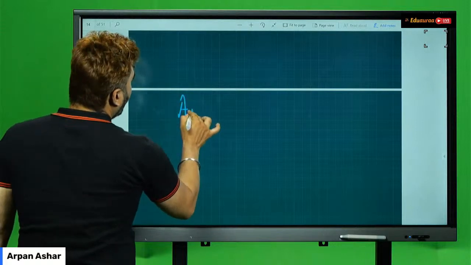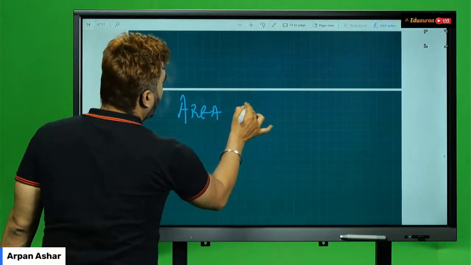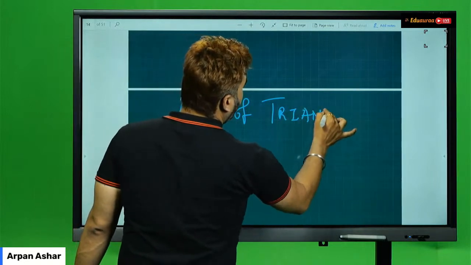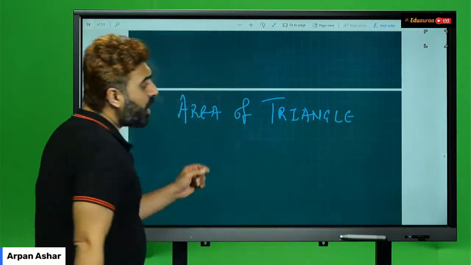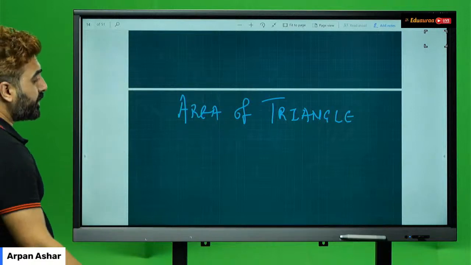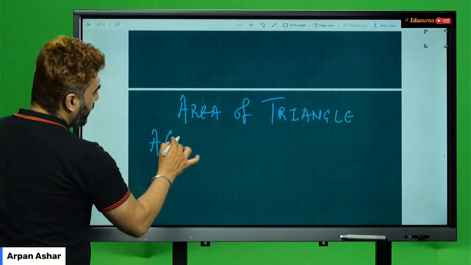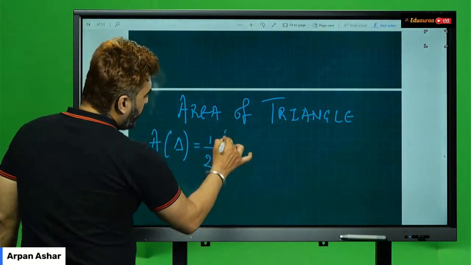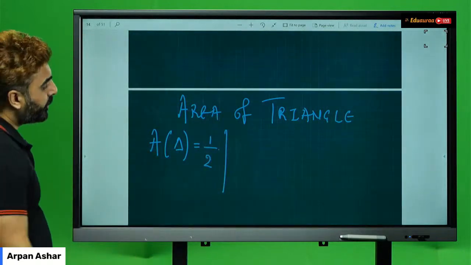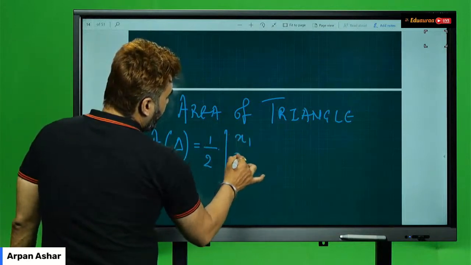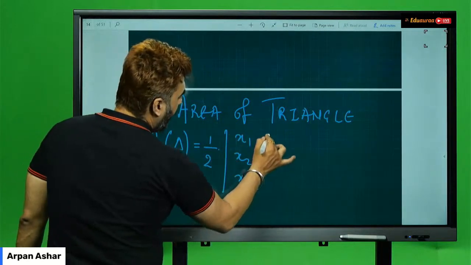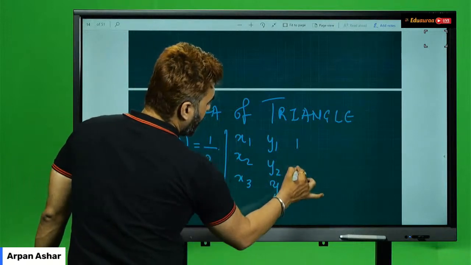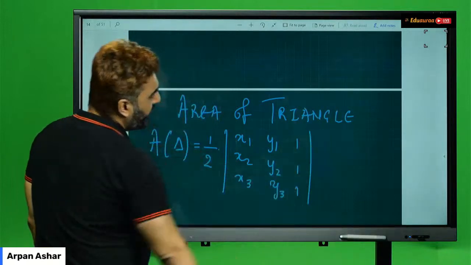The area of a triangle with the help of a determinant is: area of the triangle is equal to 1 by 2 into the determinant of the rows x1 x2 x3, y1 y2 y3, 1 1 1. Just remember this formula.